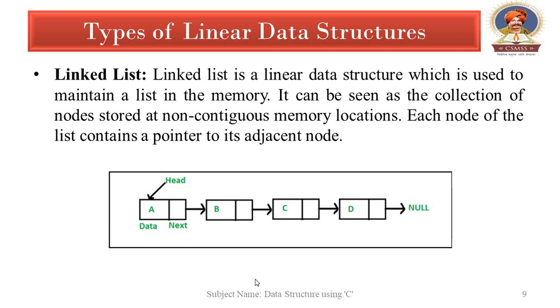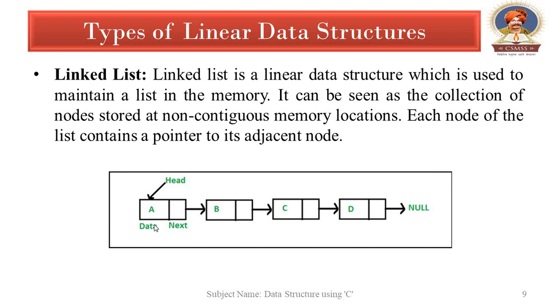Then the next example of linear data structure is a linked list. A linked list is a linear data structure which is used to maintain a list in the memory. It can be seen as a collection of nodes stored at non-contiguous memory locations. Each node of the list contains a pointer to its adjacent node. In the given figure, each block is called a node, and the node consists of two fields.